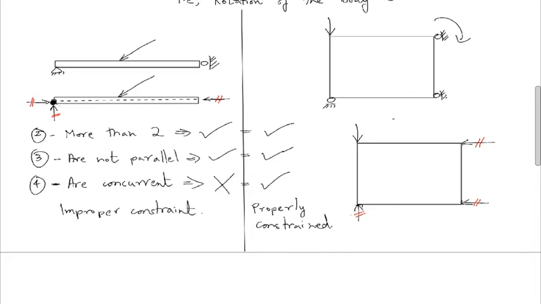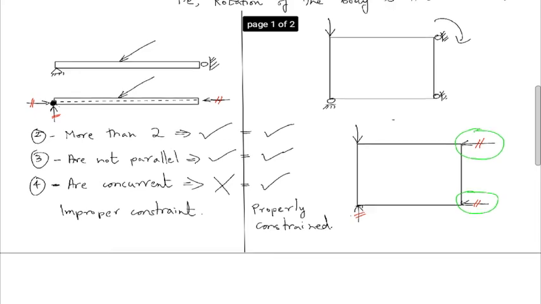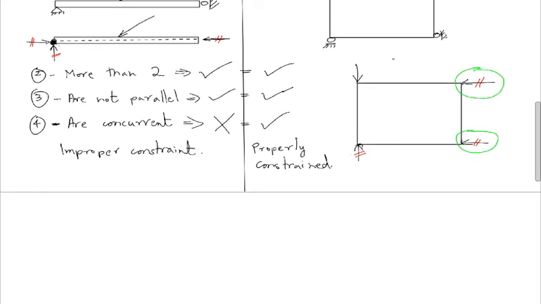But on the right, let me highlight it with a different color. We have these two reactions that I've highlighted with green that are able to provide a counteracting moment. Now imagine if these two forces were opposite and equal, something like this. This would produce a couple, and you can have a counteracting moment.